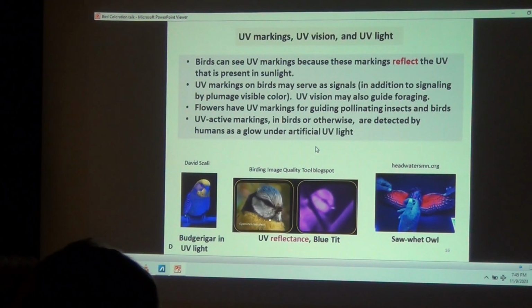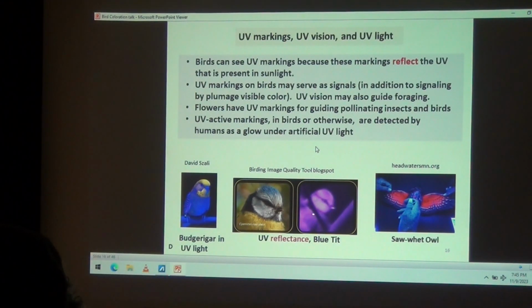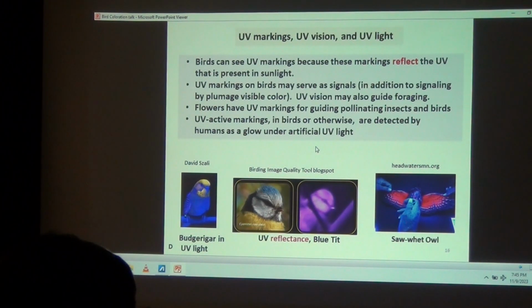You can measure the UV that's reflecting off UV markings, as in the blue tit here, and you need instrumentation and a lab to measure this reflectance, but it's a much more accurate way of assessing exactly what the bird is seeing.